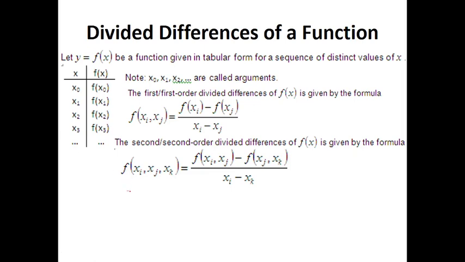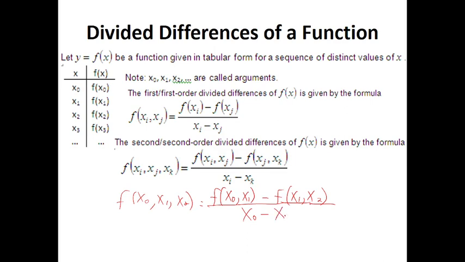We have x sub 0, x sub 1, x sub 2, and in this case, the formula is simply f of x sub 0, x sub 1 minus f of x sub 1, x sub 2, over x sub 0 minus x sub 2.